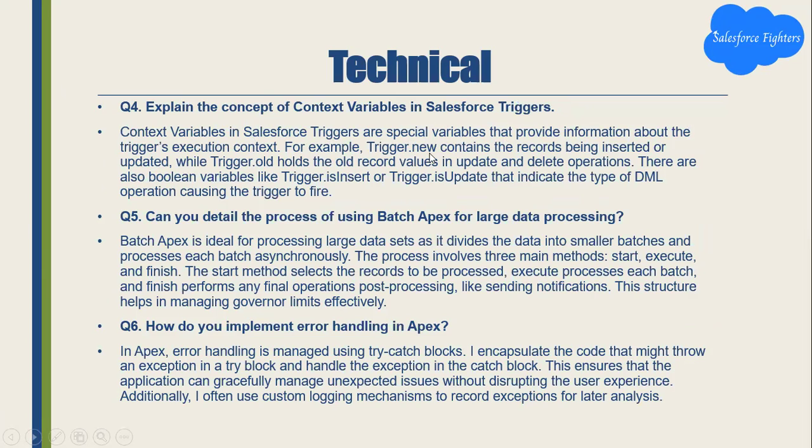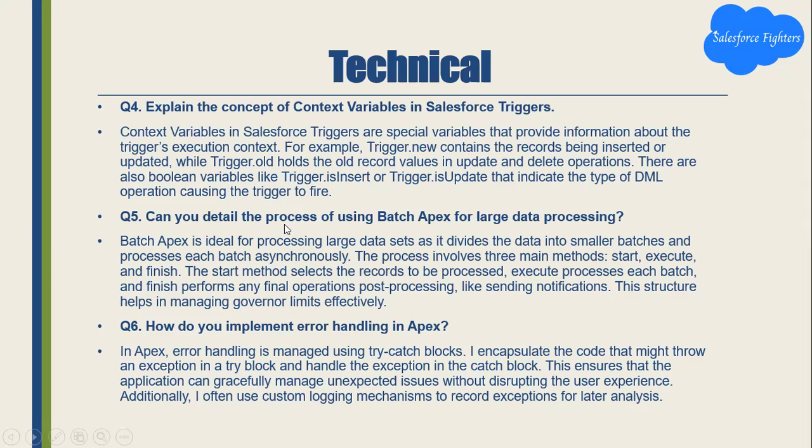For example, Trigger.new contains the records being inserted or updated that will trigger it, and Trigger.old holds the old record values in update and delete operations. There are also Boolean variables like Trigger.isInsert or Trigger.isUpdate that indicate the type of DML operation causing the trigger to fire.